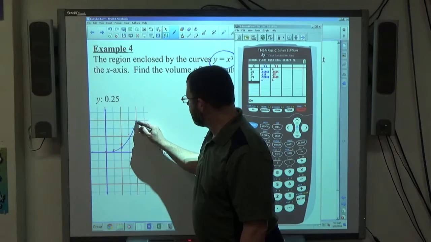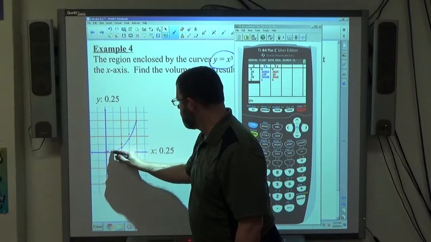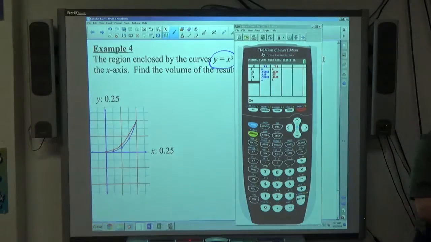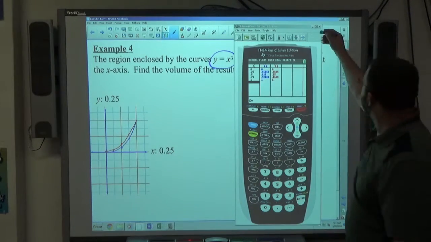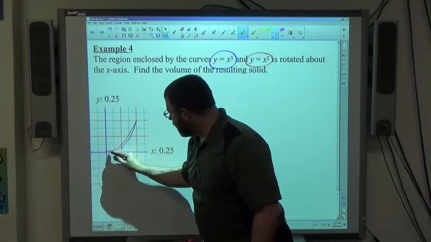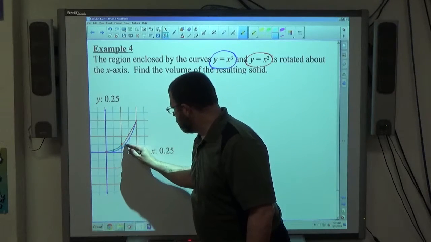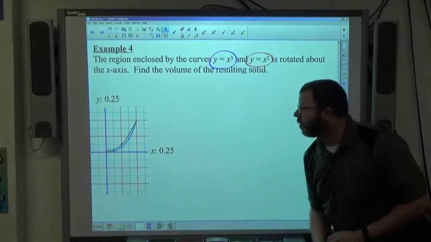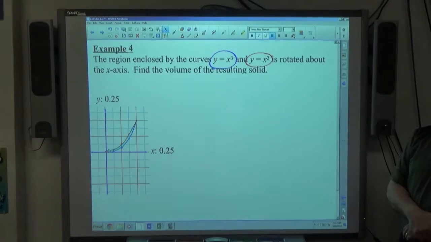And then we've got 1, 1, so there's our other curve. So there's our little sliver of a region. And just like before, I want to shade in that region. There we go. So there is our region that we're dealing with.